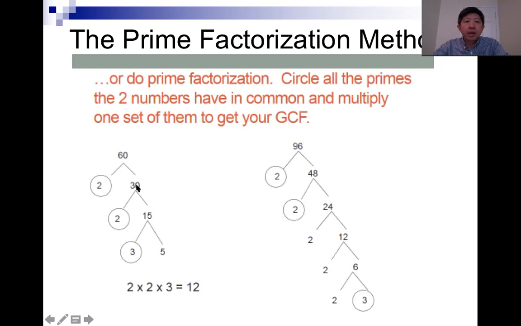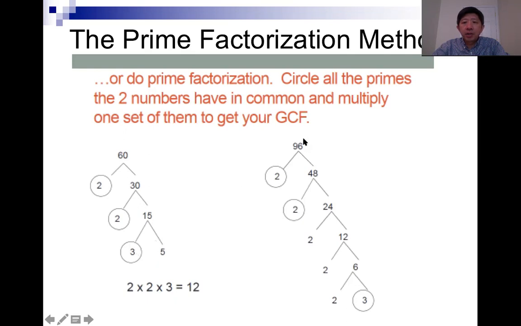Next, I take 30 divided by the prime number 2, I get 15. Then 15 divided by 3 gives 5. So I got prime, prime, and prime.